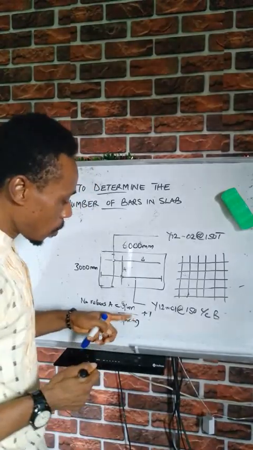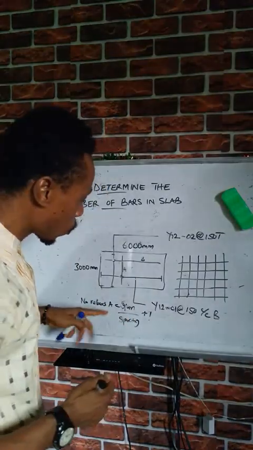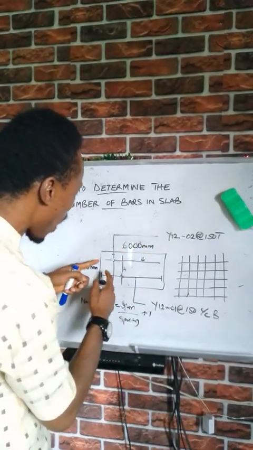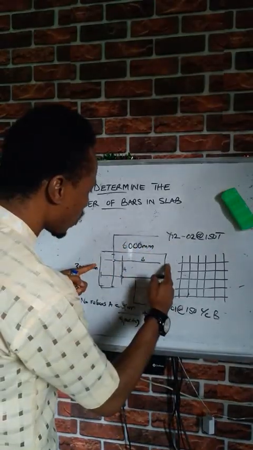This is what we use to determine the number of reinforcement that will span across this length.